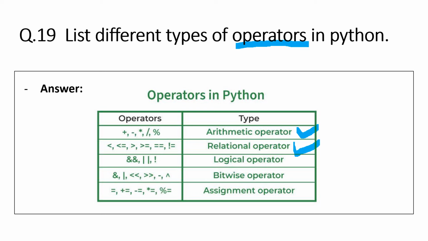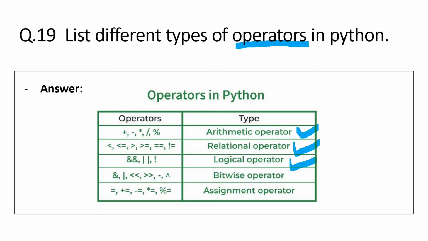The signs that we are using are equal to, not equal to, greater than, less than, greater than or equal to, or less than or equal to. The next operator is logical operator: logical and, logical or, logical not.